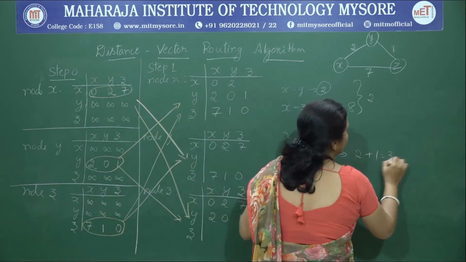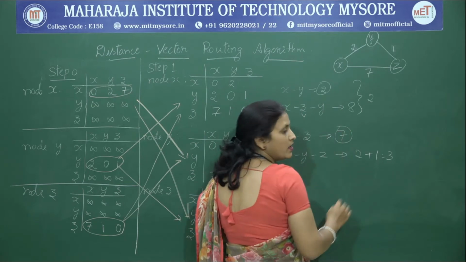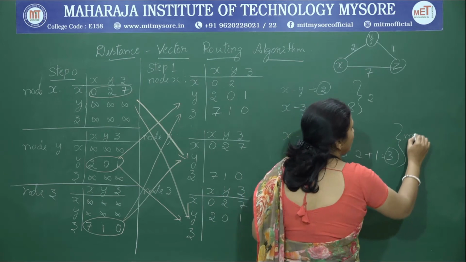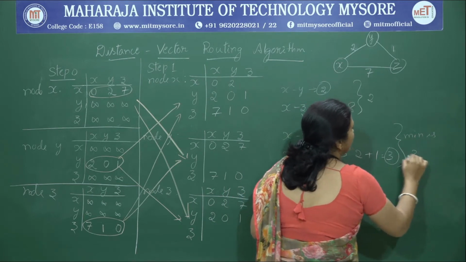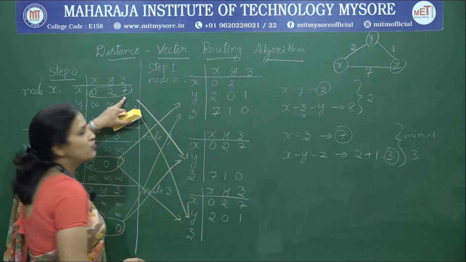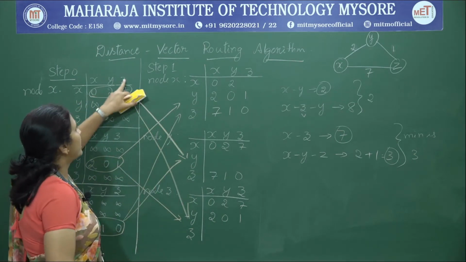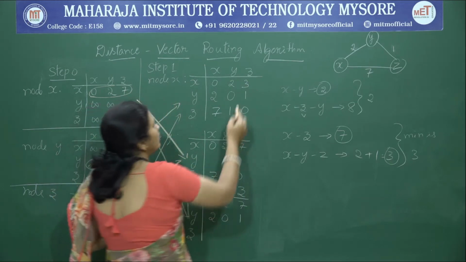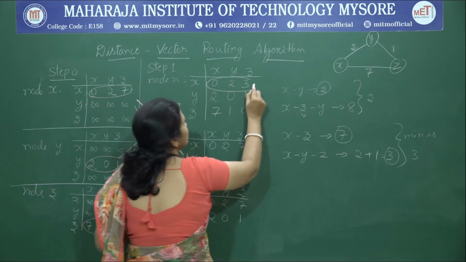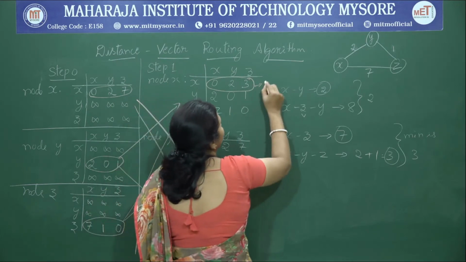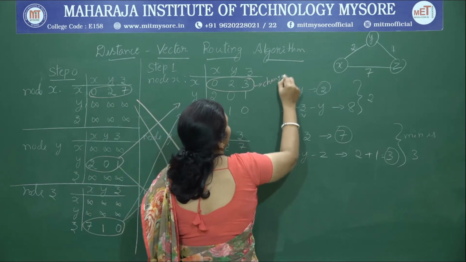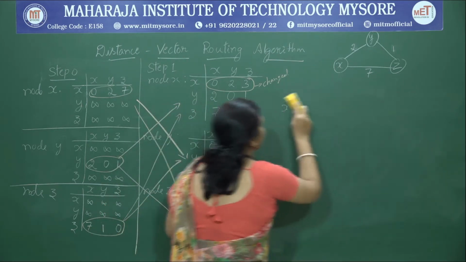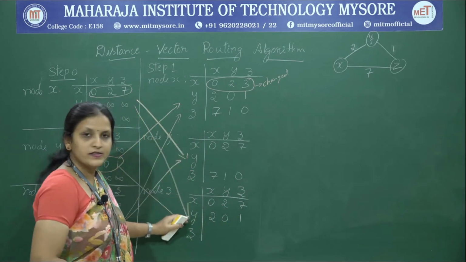So, it is 3. We had 7 and the newly calculated value is 3. Which is the minimum among them? Minimum is 3. So, we are going to change the value of x to z from 7 to 3 here. So, now our distance vector is changed for x. Similarly, we will calculate the distance vector for y and z.